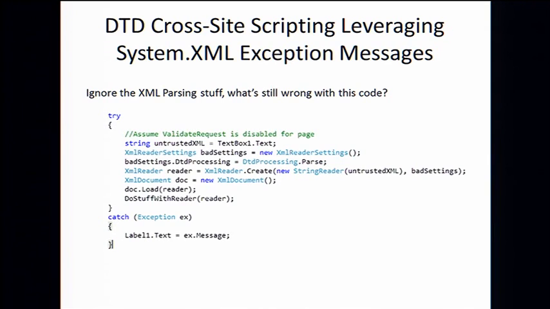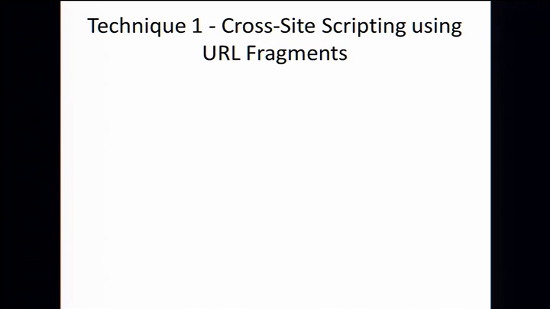And if you look at the catch block, the exception message is printed out without HTML encoding. So if you look just at that, how can we get cross-site scripting out of this catch-all exception? If we can get script into our exception, then we can get script to execute. So let's talk about how we can get script into our exception. One technique is cross-site scripting using URL fragments.